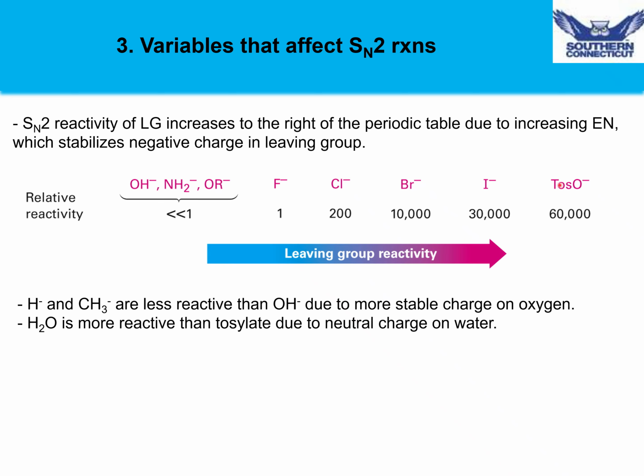So there's lots of different places where it is placed in these reactivity charts. But consider tosylates fairly reactive in the SN2 as a leaving group.